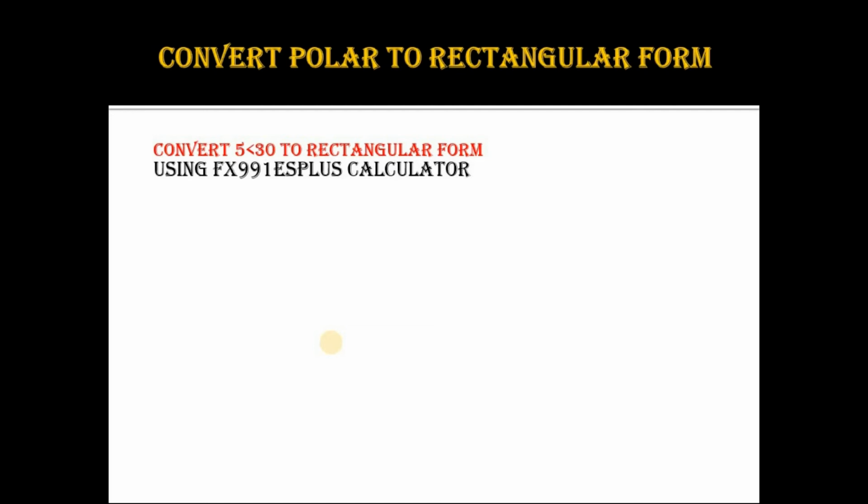Switch on the calculator. It should be in compatible mode. Press shift, then press minus button. In display you can see rectangular of.